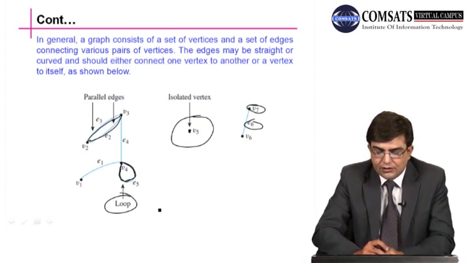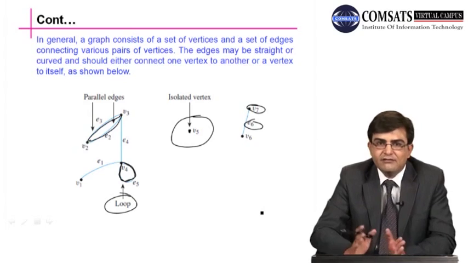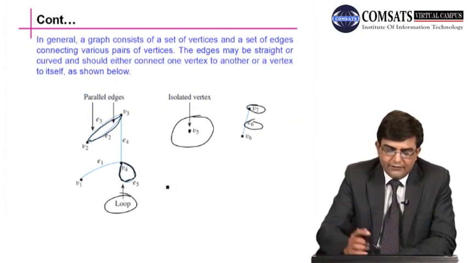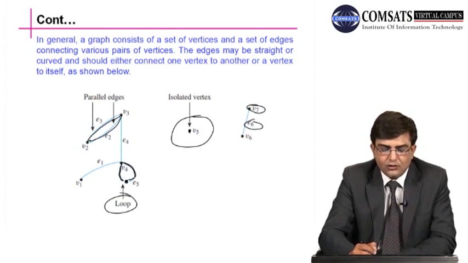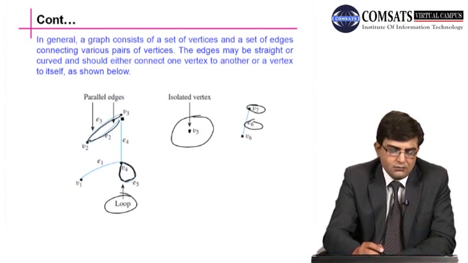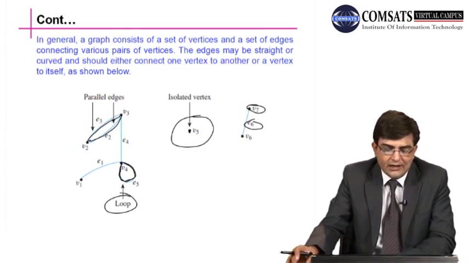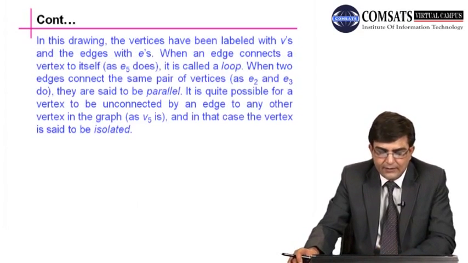Usually in graphs we denote edges by E1, E2, E3 and so on, and vertices by V1, V2 and so on. If an edge connects a vertex to itself, it is called a loop. If two vertices, V2 and V3, are connected by two edges, then these are called parallel edges, and isolated vertex, as we have discussed.